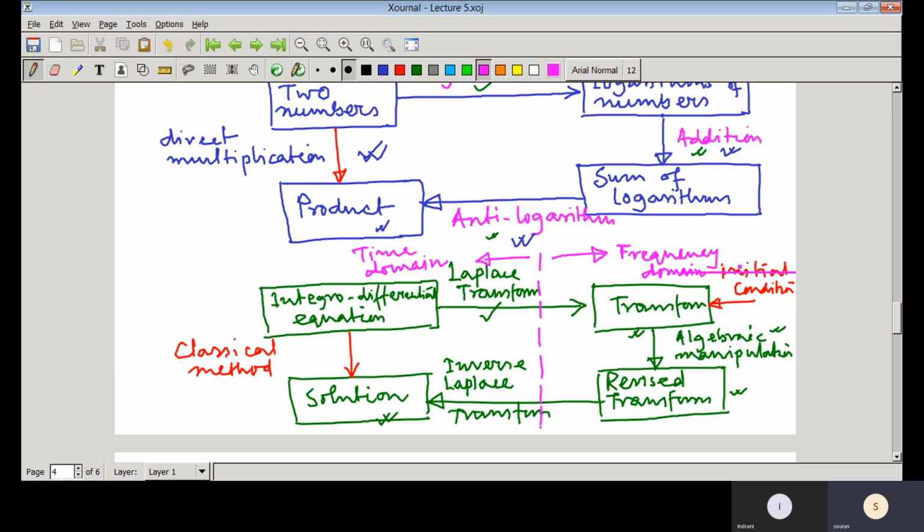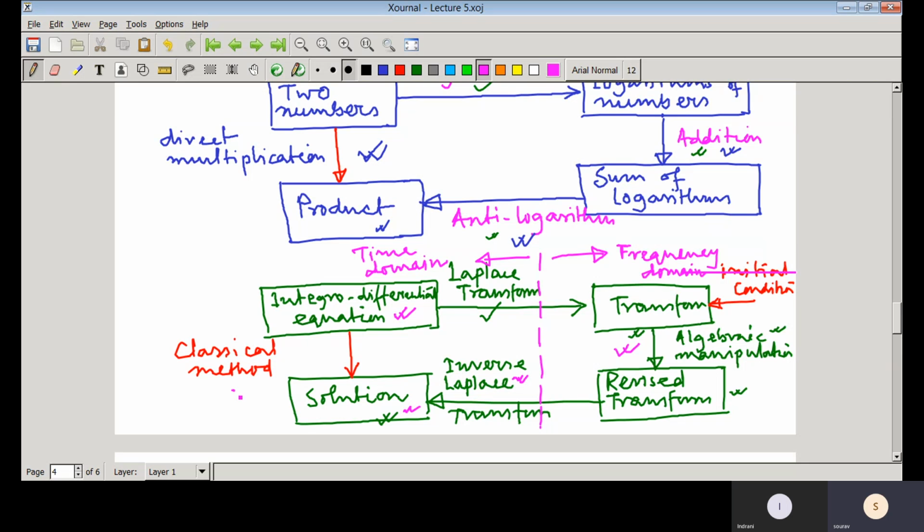In this course, we will discuss in detail what the time domain and frequency domain are. For the time being, just take this information: the Laplace transform is very similar to the logarithmic transform. If you have an integral differential equation, then just by taking the Laplace transform and transforming it into algebraic form, we can get the solution via the inverse Laplace transform.